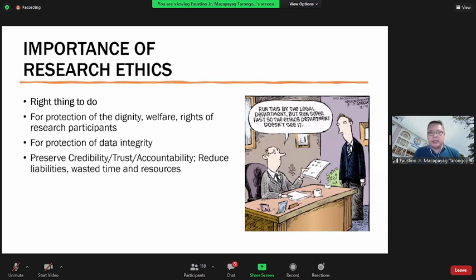And consequently, that will also result in the credibility of your research, and your credibility as a researcher. It will also give you that important professional trust when you do research, and if ever you publish your research, it means that it is credible and trustworthy. As a person, you will be recognized as not making up your data, and that you ethically obtained your data if you took it from human participants.